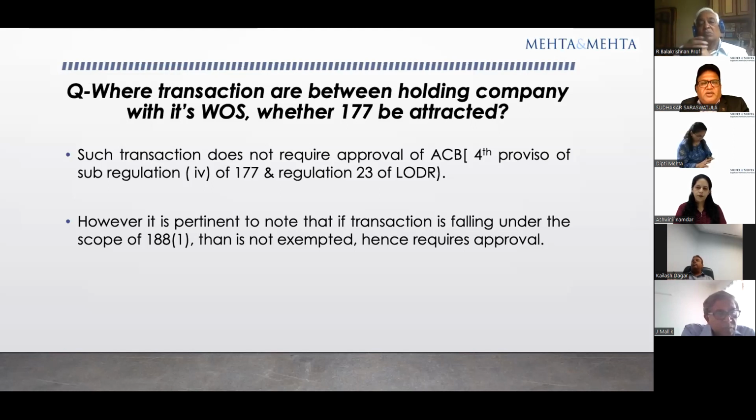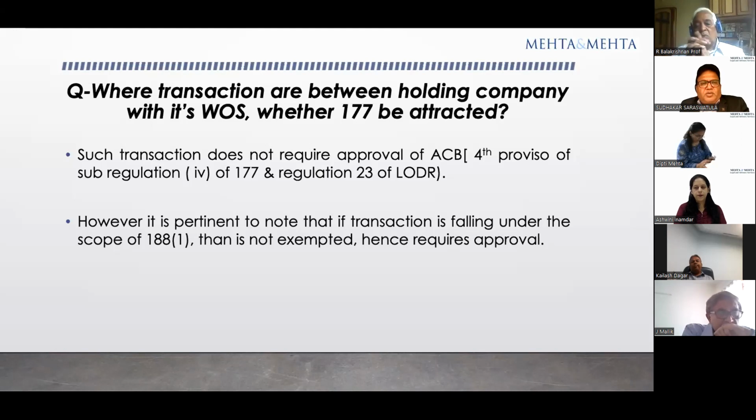Because in January, what we always normally do, whether it is a listed entity or subsidiaries of the listed entity, is hold a meeting for approval of the third quarter results, that is December 31st results. So at that point of time, definitely you have an audit committee meeting. So you can take omnibus approval for the financial year 23-24 in January meeting itself.